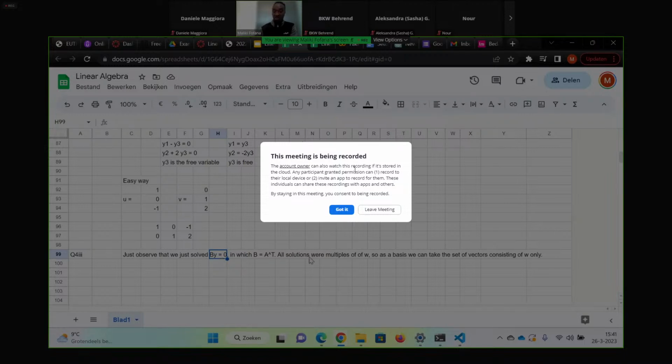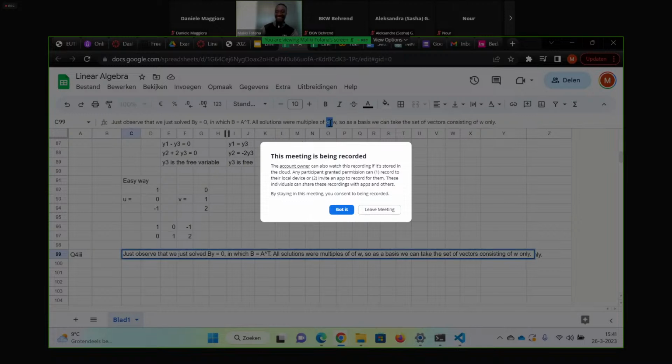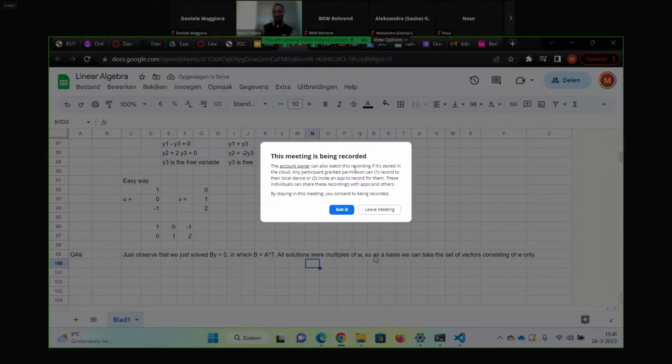And then you can say, in that case, all my solutions were multiples of W. So as a basis, we can take the set of vectors consisting of W only. And I said W only so we can forget the U and V.